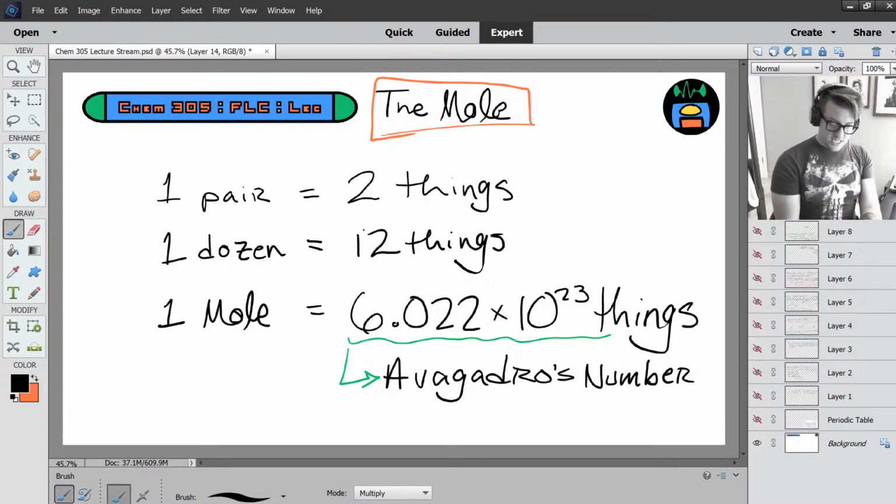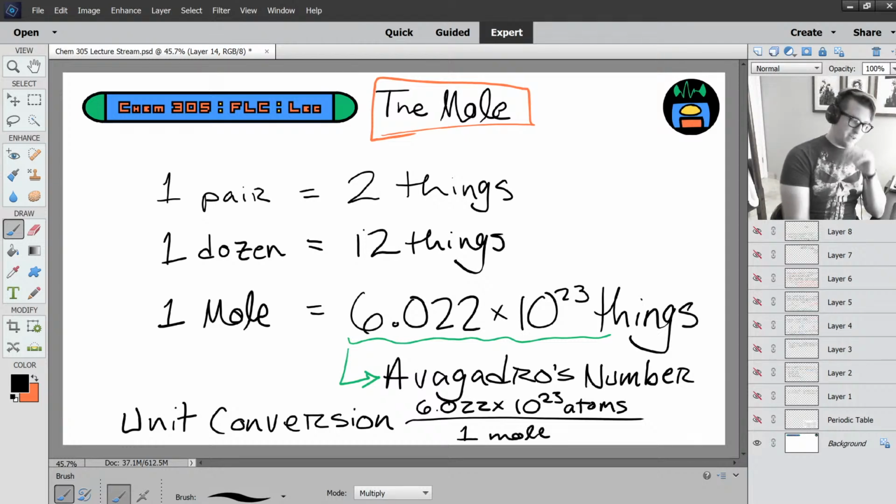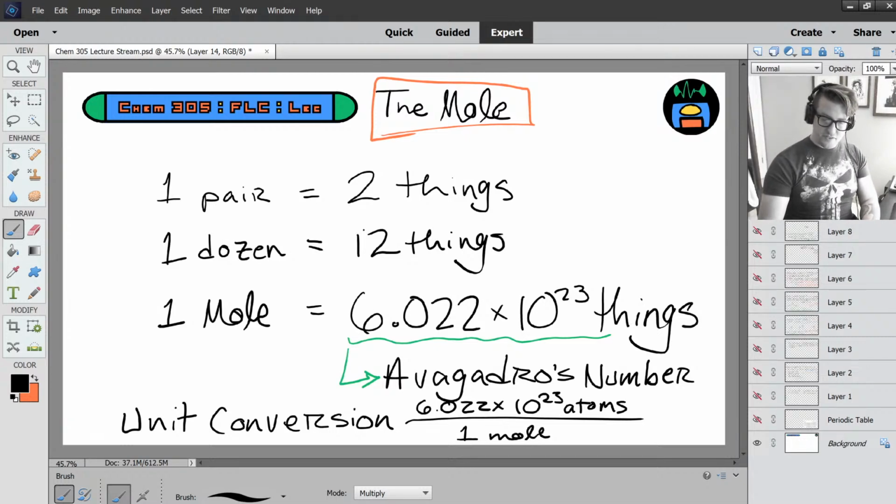It gives us the unit conversion: 6.022 times 10 to the 23rd things, and things could be anything like atoms, ions, molecules, per mole. There we go, Avogadro's number. That's why I'm using green to underline Avogadro's number.